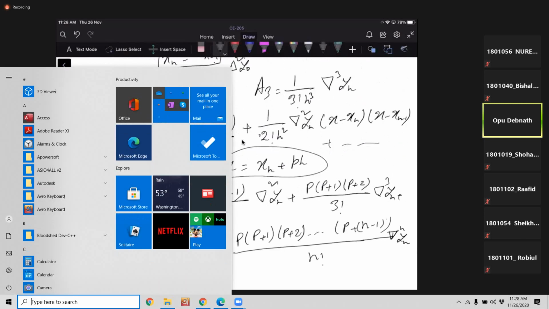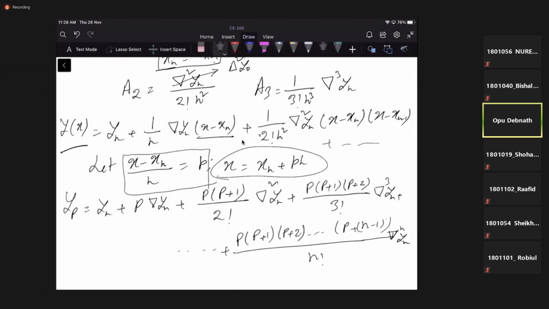and in this equation yn is known, h is also known. Del, if you have a given data set, you can find all these from the difference table. xn is also a known value, and xn minus 1 are also known values.